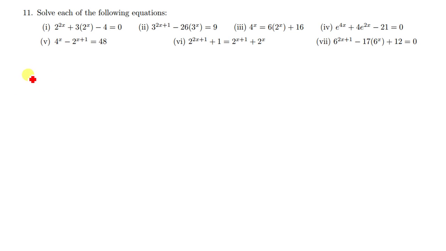So you can write it as e raised to power 2x in brackets to the power 2, and then plus the second part there can be written as e raised to power x, minus 21 being equal to 0.